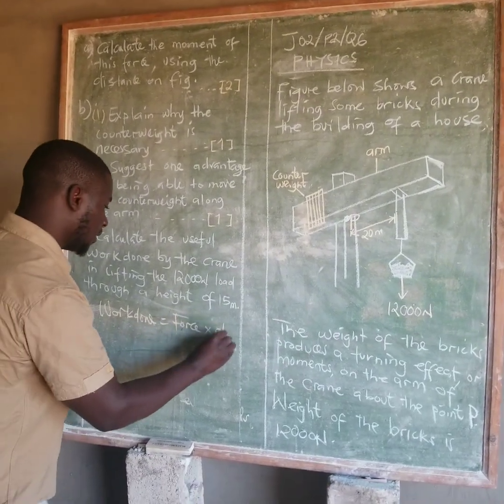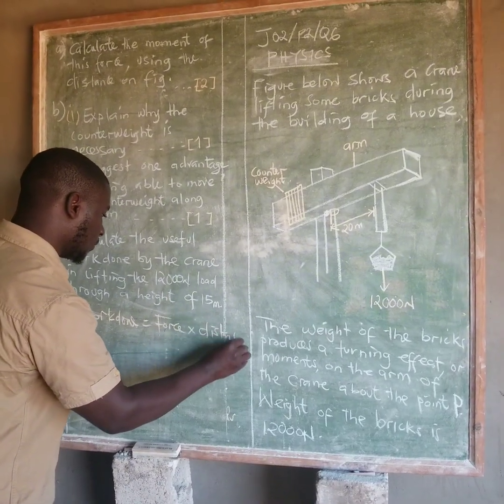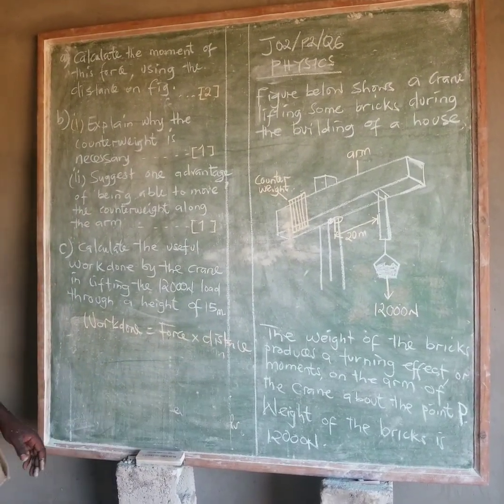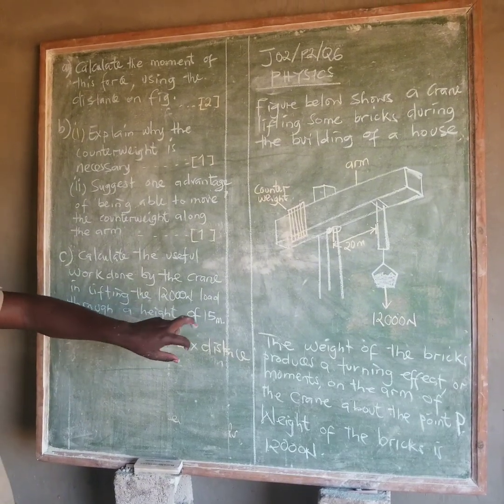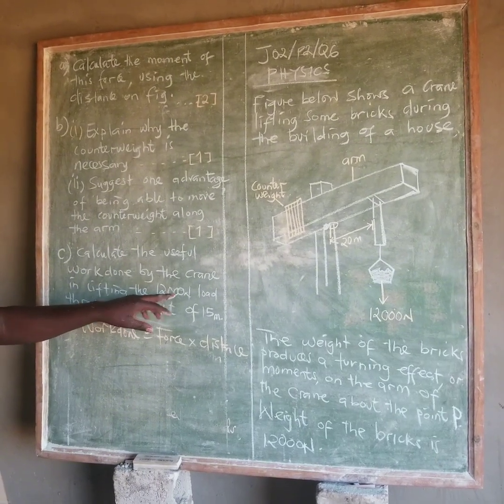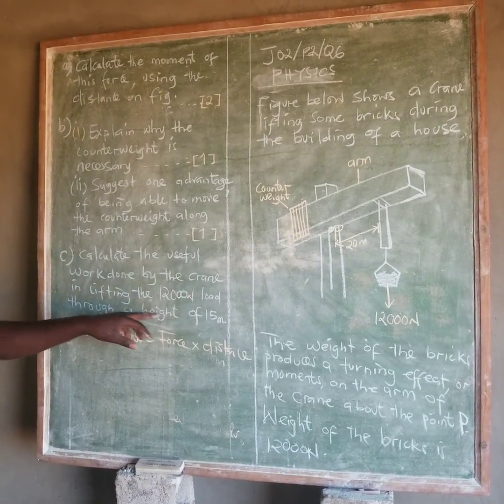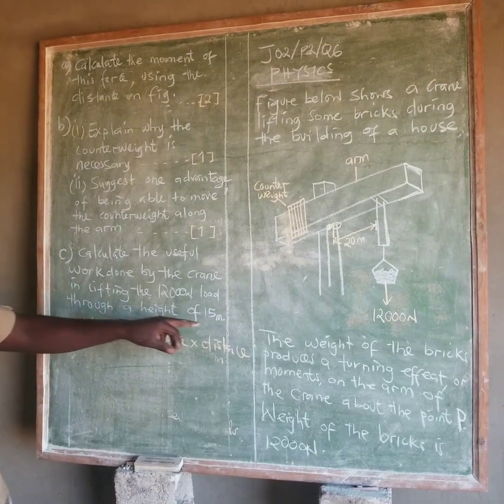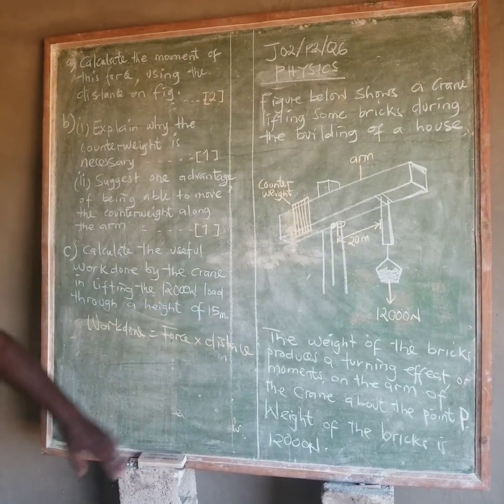They're saying lifting the 12,000 newton load through a height of 15 meters. So distance moved there is 15 meters.